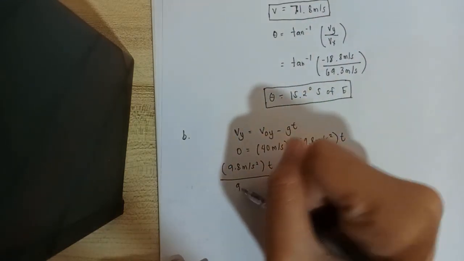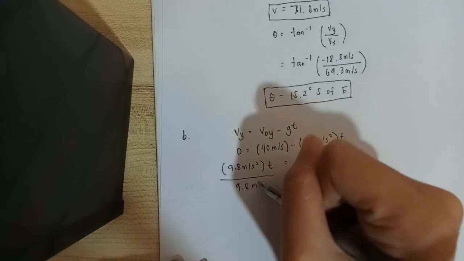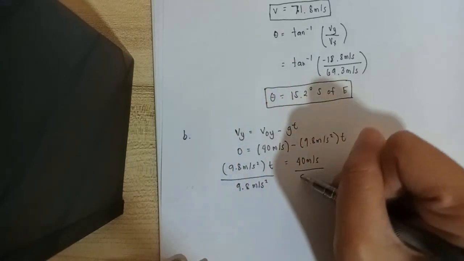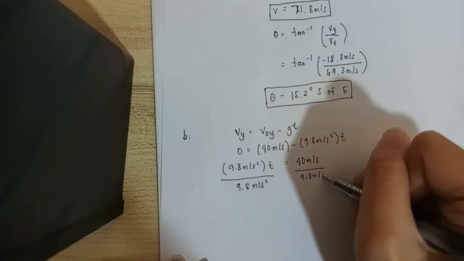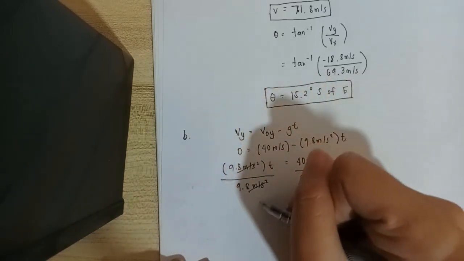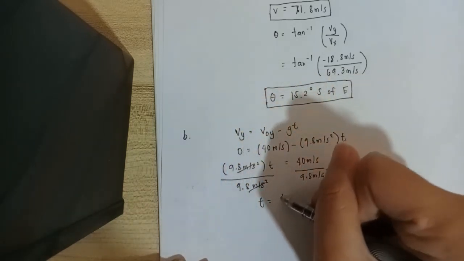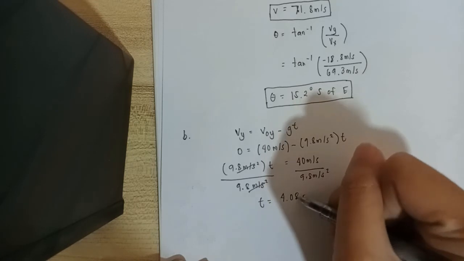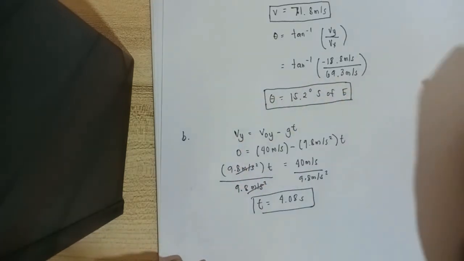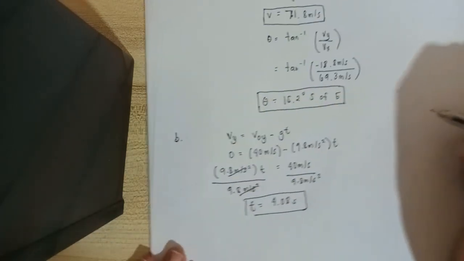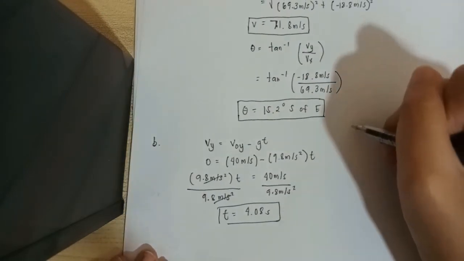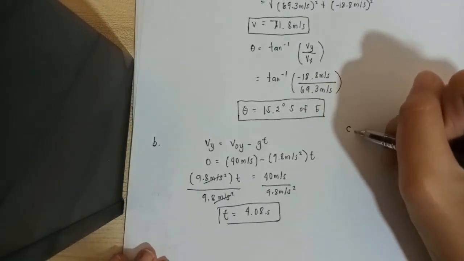Divide both sides by 9.8 meter per second squared. That will be t is equal to 4.08 seconds. So that would be the time required to reach the maximum height.